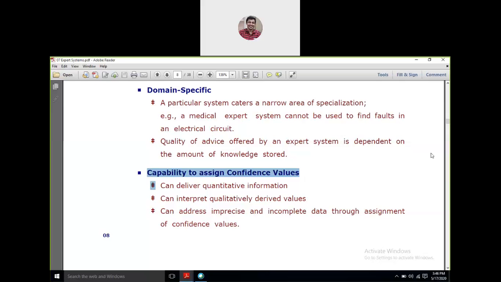Say the expert system is saying with 90% accuracy that this person is only having a normal cough, cold and flu, right? So these kinds of confidence values are also a feature of the expert system.